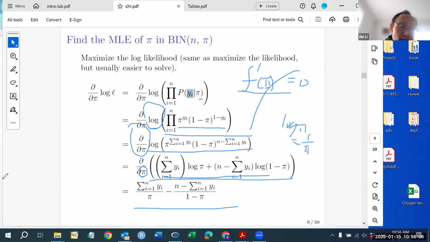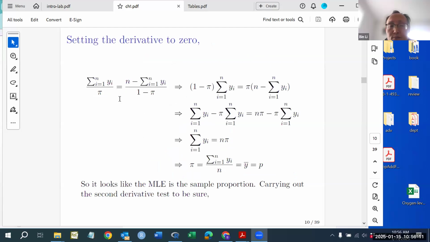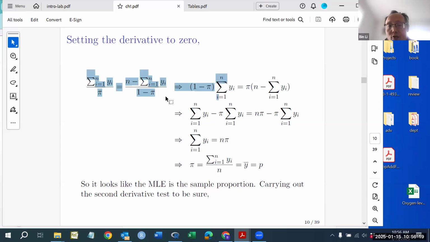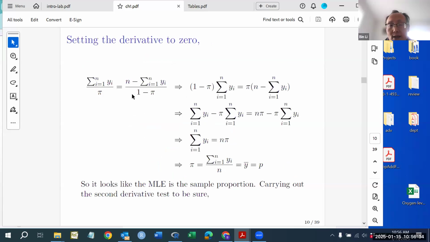Okay, so after we get the first order derivatives, then we need to set the derivatives to be 0. Is that right? So these have to be equal to this, because the first order derivative is this minus that. This equals 0. That means the summation of yi over pi equals n minus the summation of yi over 1 minus pi. Okay, so we have this.